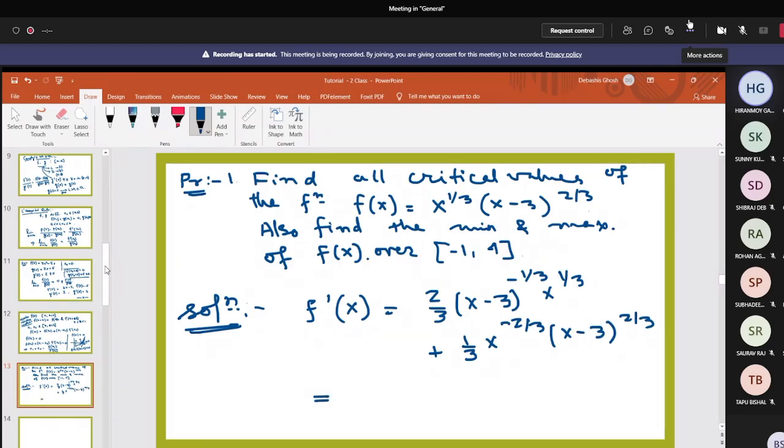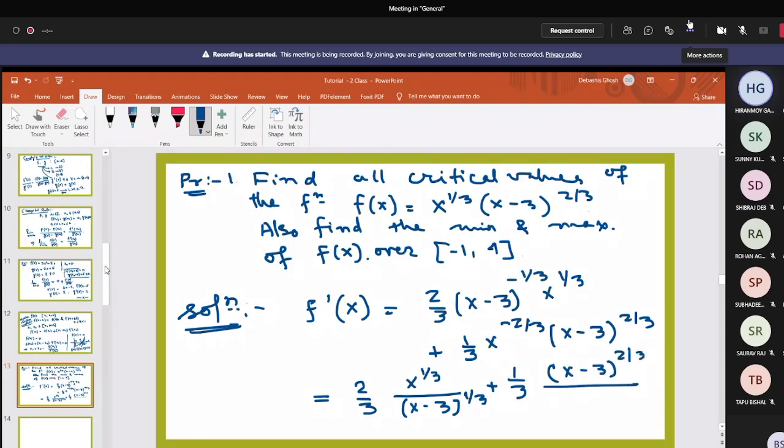Better to write it in this form: 2 by 3 x^(1/3) divided by (x - 3)^(1/3), plus 1 by 3 (x - 3)^(2/3) divided by x^(2/3).